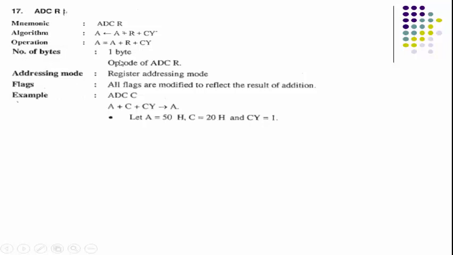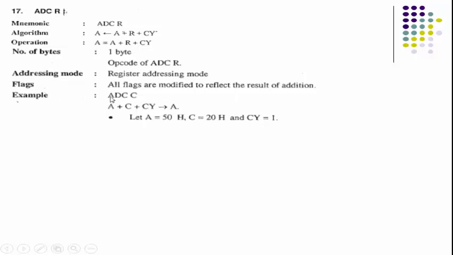Size of the instruction is 1 byte, only a single opcode you will get for this ADC R instruction. Addressing mode is register addressing mode, because in the operand field we are having the registers. All flag bits get modified after the execution of this addition instruction.